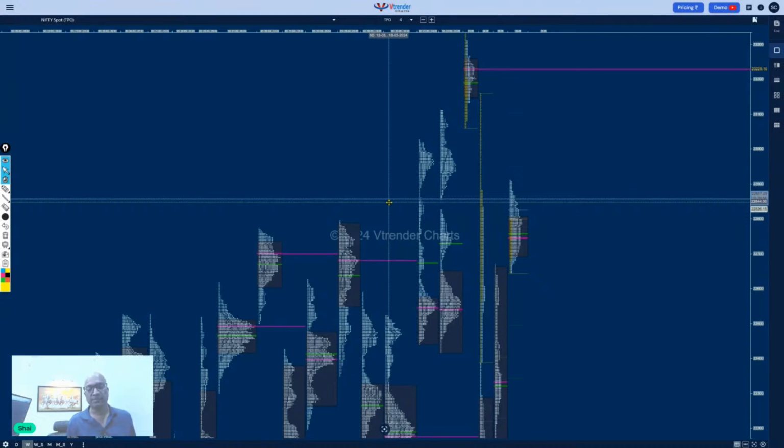At the same time, as I just explained to you, we are above the value area high of the last few months, that composite profile which I showed you, right? So the market is with buyers currently, but because of that rejection which happened earlier in the week on Monday, the job of buyers is cut out, right?